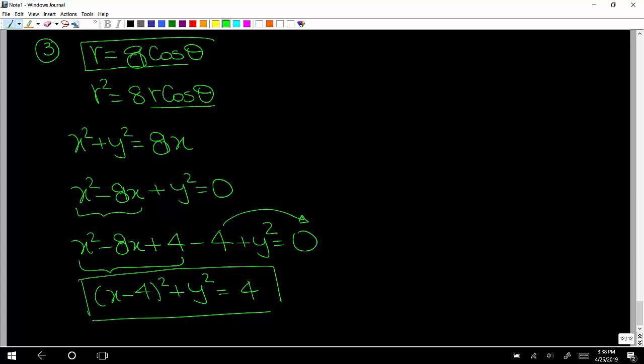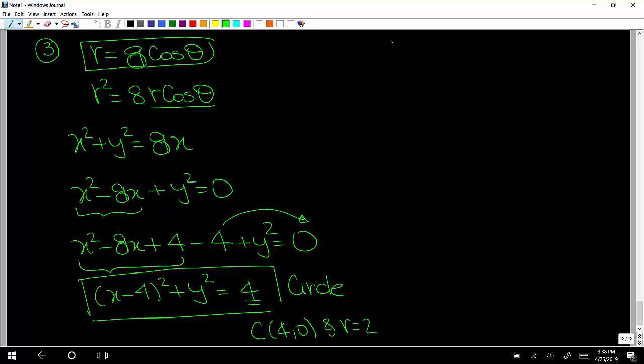So this time, the polar equation is a lot easier than the rectangular equation in terms of difficulty, but this happens to be a circle, which is of radius 2, and has a center at 4 and 0 and radius 2. Okay. So that's how we change that one from polar to rectangular coordinates.